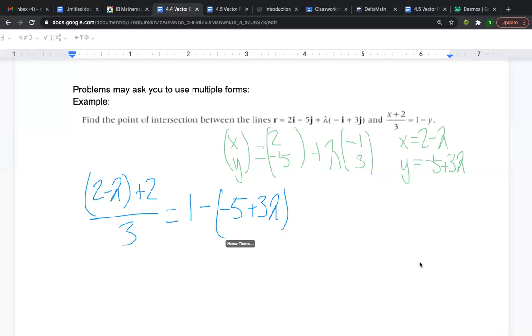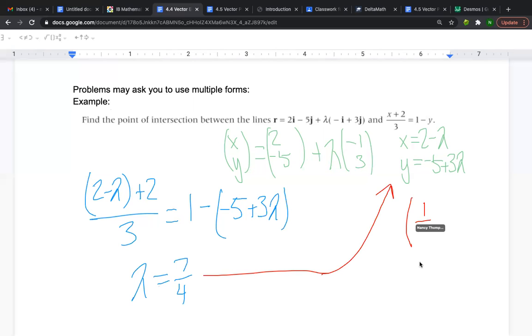Okay, from here, I am just going to solve, combine like terms. You should end up getting that lambda is equal to 7/4. Once you have this answer, you're going to plug it back in up here. And you should get the point 1/4, 1/4, right?